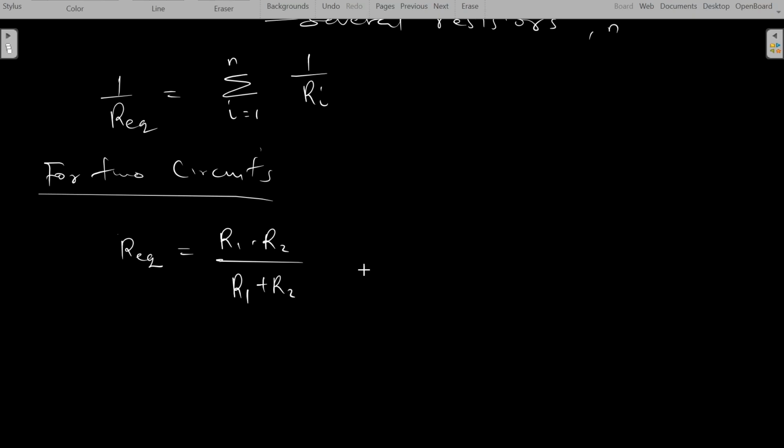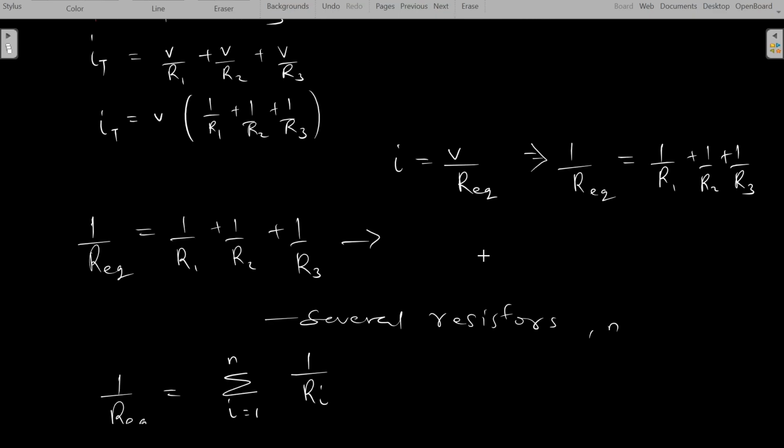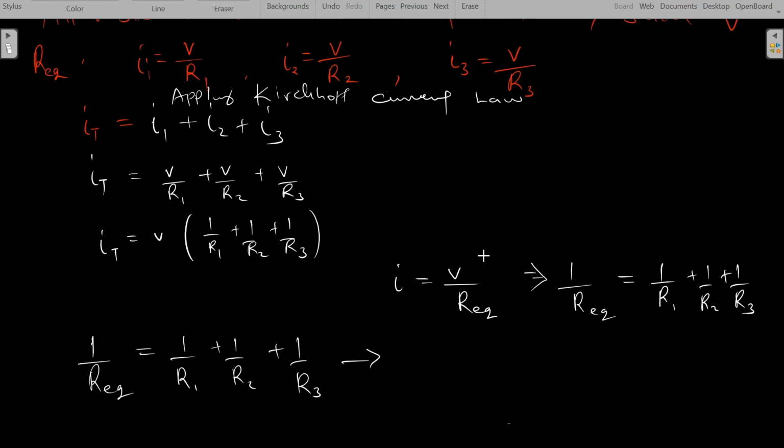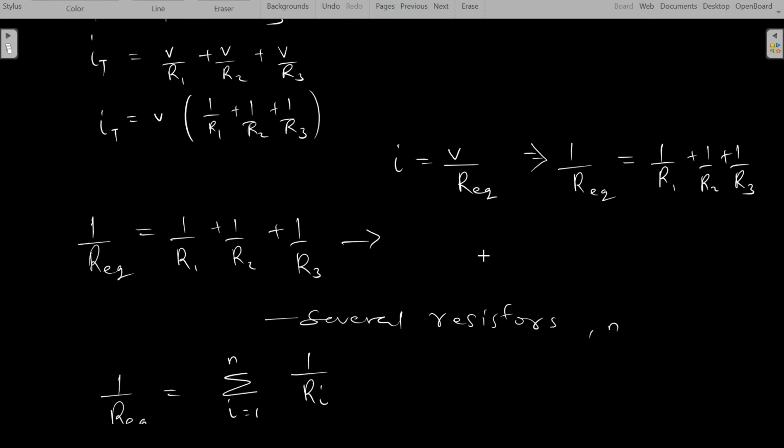This is how we calculate the resistance of two resistors in parallel. The reason is because V is the same.